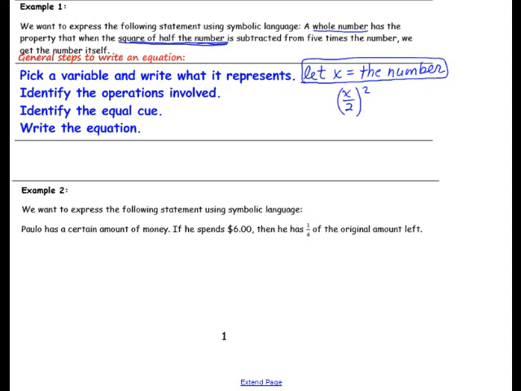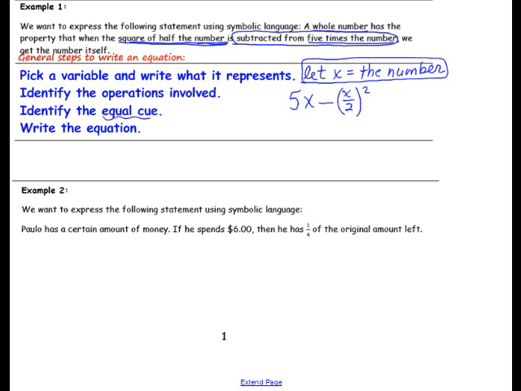So it says when the square of half the number is subtracted from 5 times the number. Okay, subtracted from, so we're going to take it away from 5 times the number. Well, how do you write 5 times the number? We write 5 times x. And remember, when you have a coefficient and a variable, you don't need a times sign, so we just write 5x. We get the number itself.